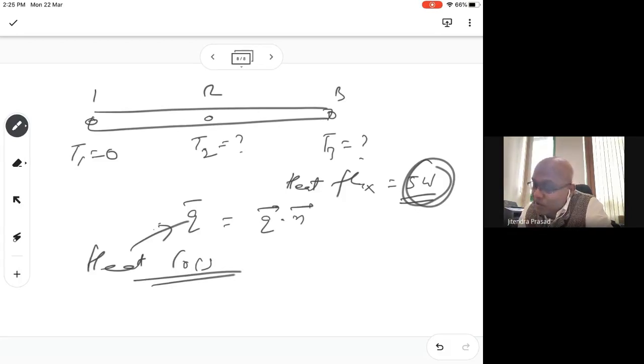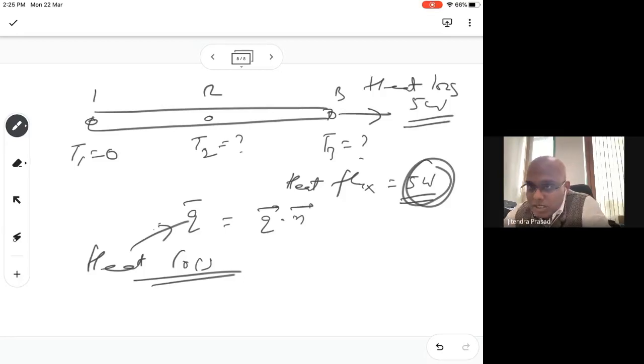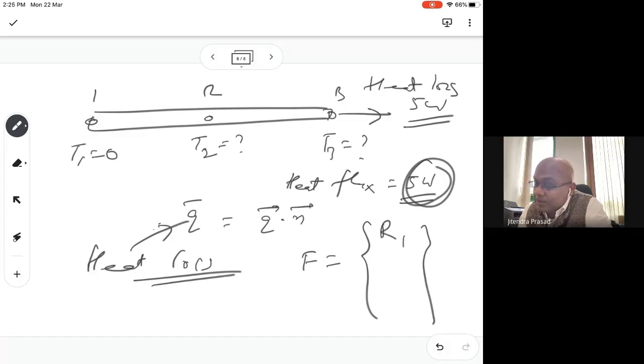So you are talking about a flux which really means that it is going this way. Yeah, a heat loss of 5 bar you are talking about. Then you will write -5 there. So if you make the force vector corresponding to that, you will have the reaction R1 here, here you will have 0 unless you have a source as well.